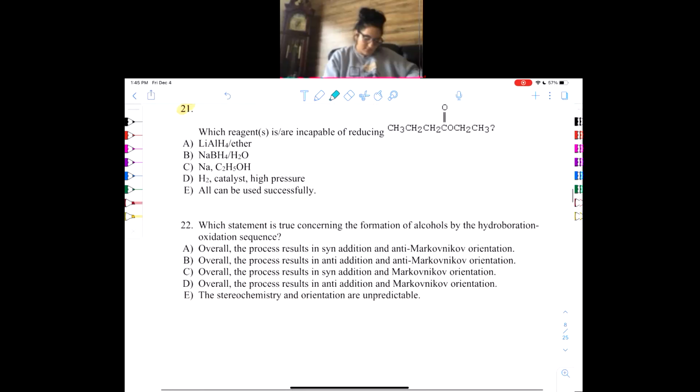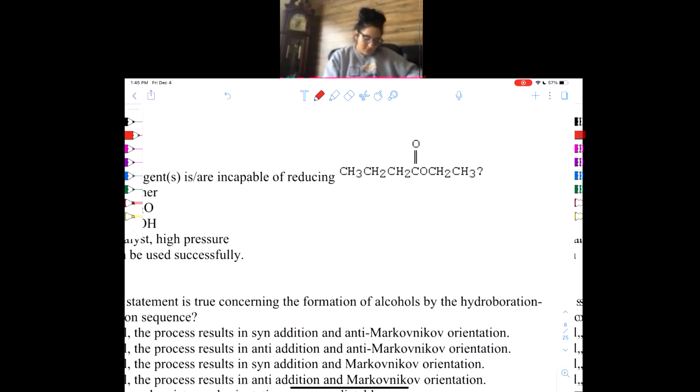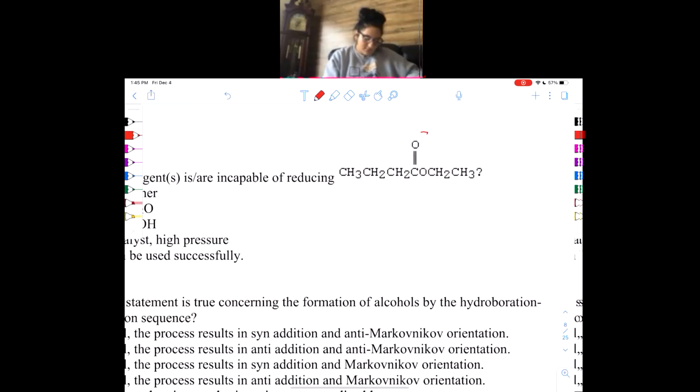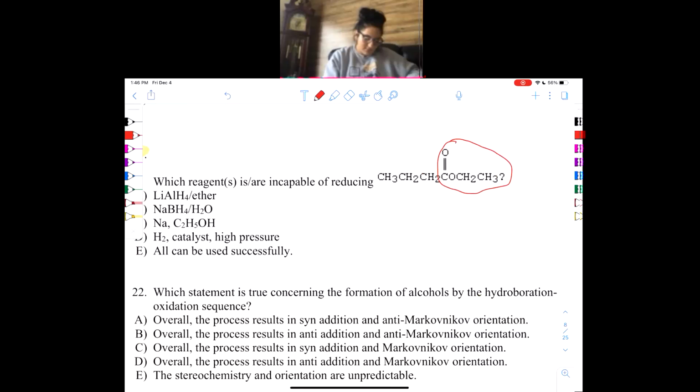All right. So we're going to do 21 now. So this molecule that we have drawn is an ester. So which reagent must we use to be able to reduce an ester?